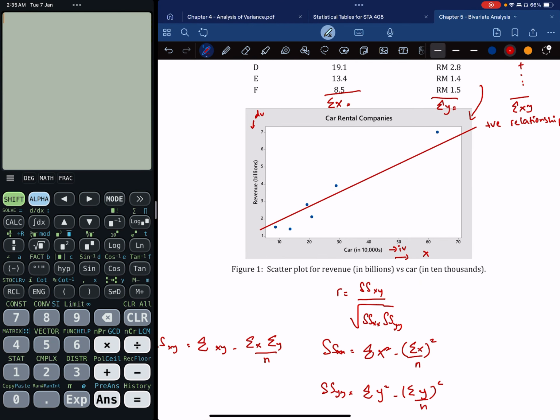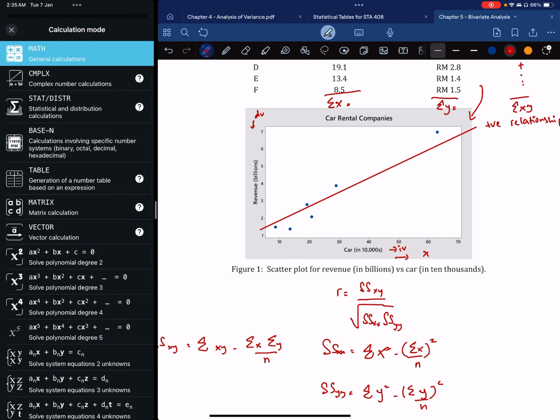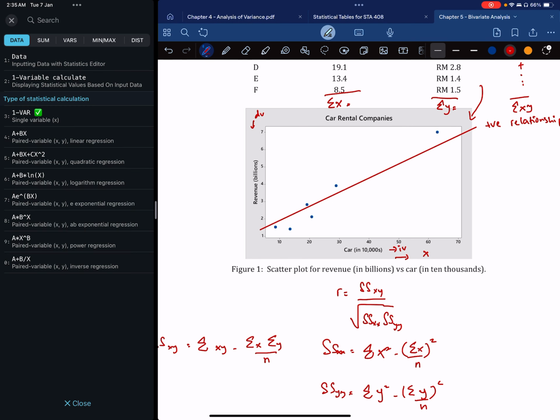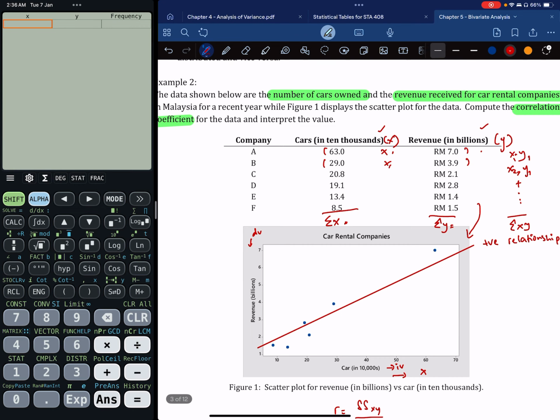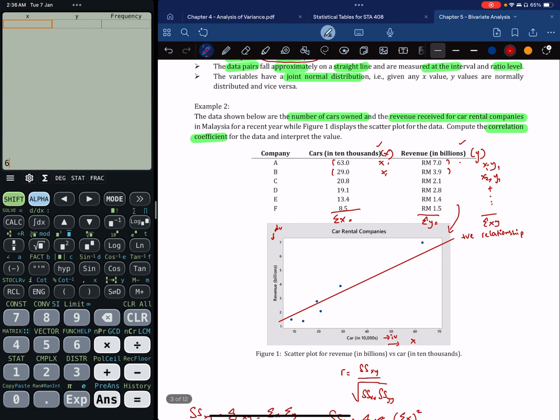For example, press mode, statistics, a plus b bx, which has paired variables. So we input our x and our y. We put x first: 63, 29, 0.8, 0.1, 0.4, 0.5.